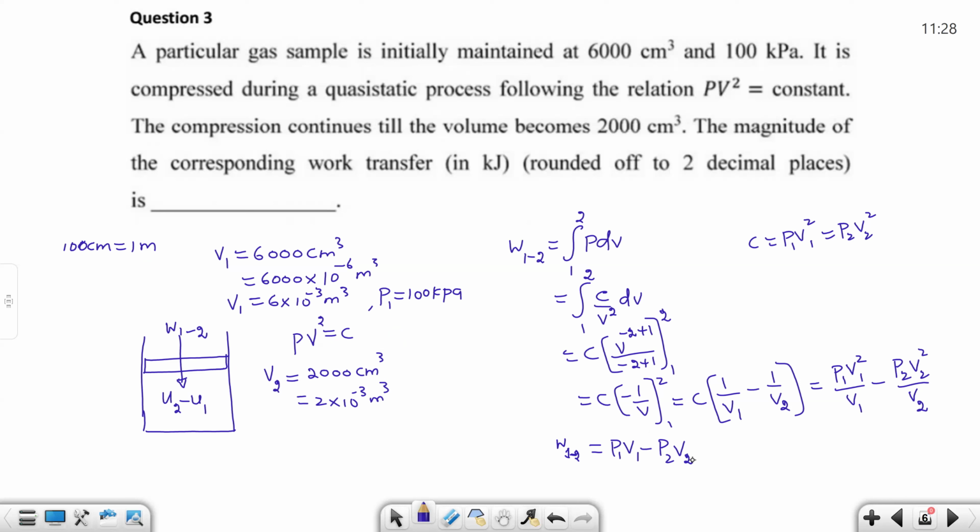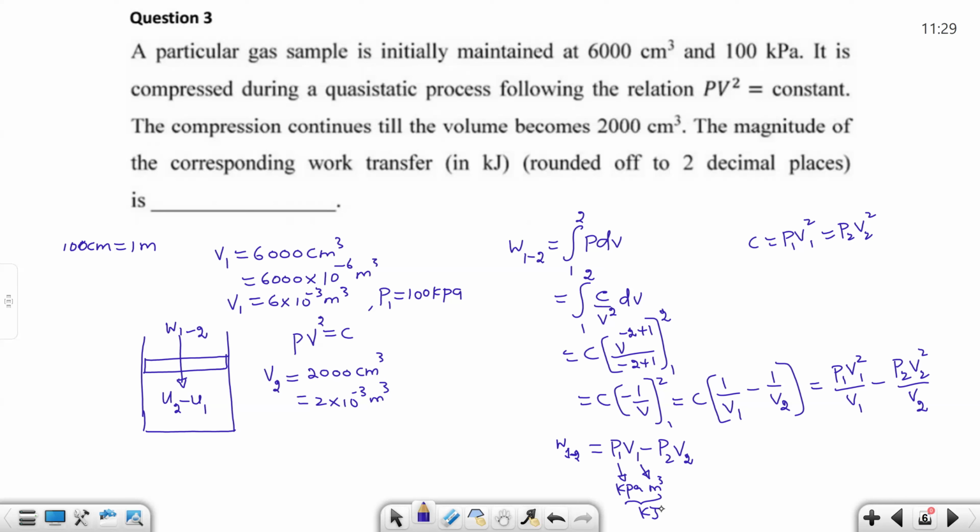Since it is asked in kilojoule, very carefully you have to see, this will be in kPa, this will be in meter cube, so that these two together will be in kilojoule. Unit must be carefully put. Now from this equation we get P2.